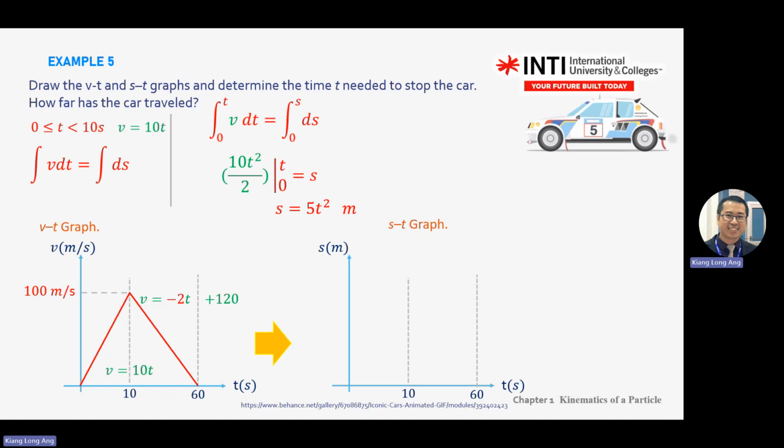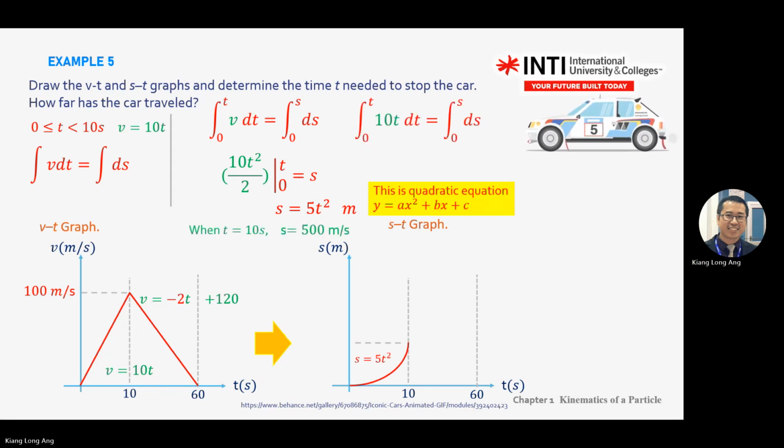Then you repeat the same. Okay. Now once you have this one, when you have 10, are you able to find the value of this one? How you do? You substitute 10 here.